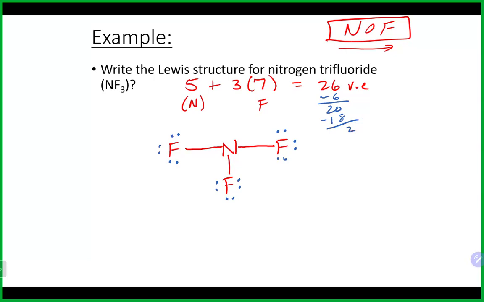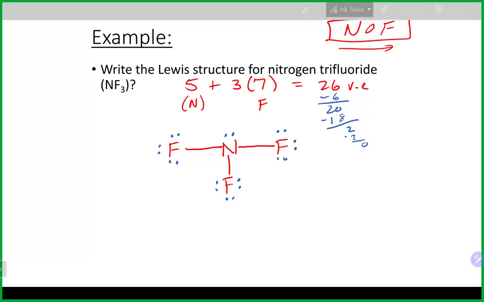That means I still have 2 more electrons to go. All of the outside atoms are filled. So those last 2 electrons will now go to the center atom, also as a pair of dots. So again, we work outside in. At this point, I now have placed all 26 electrons.